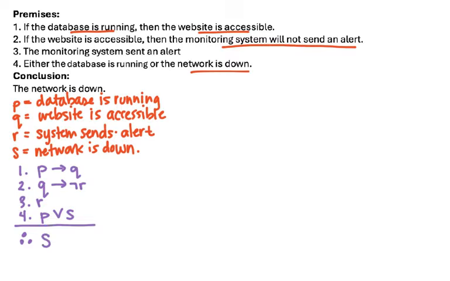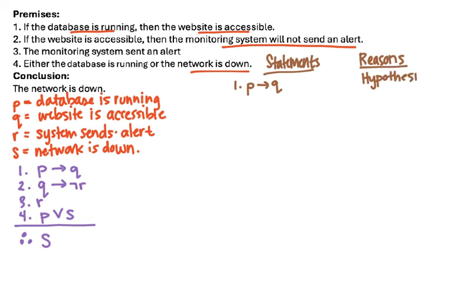All right, so again, we have statements, and we're going to have reasons. Whenever you don't know where to start, it's always a good idea just to start with the first one. P implies Q. This is a hypothesis. And then not sure what to do, so let's take the next one.